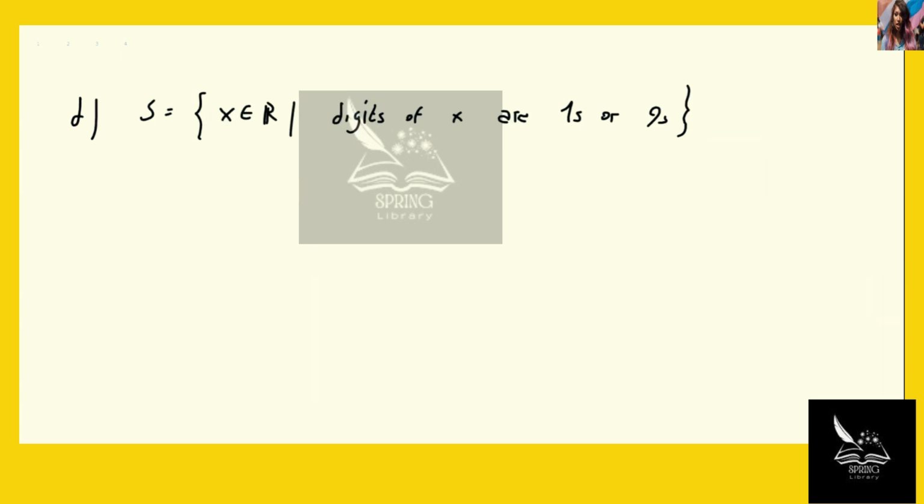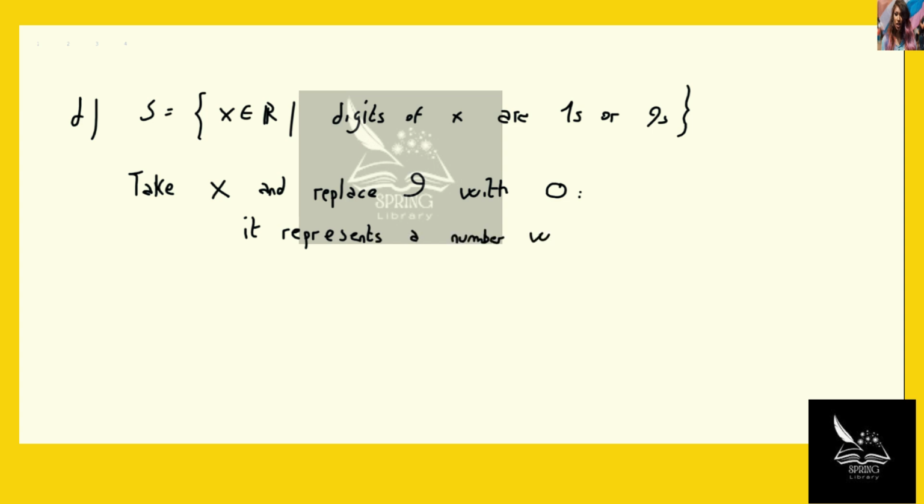Finally, we have the set of real numbers whose decimal expansion contains only ones and nines. But now we observe that, let's fix an x and let's replace every 9 that appears with a 0. We can see this modified number as a number with binary expansion.